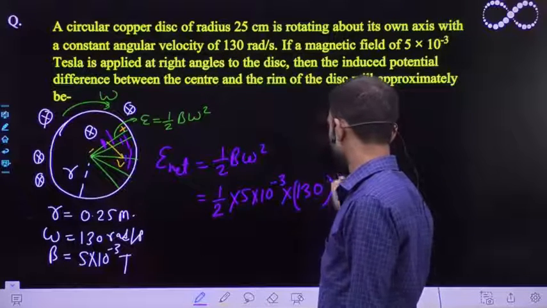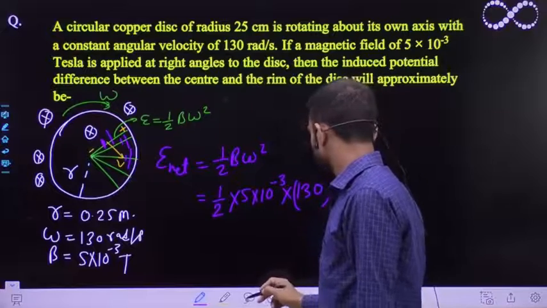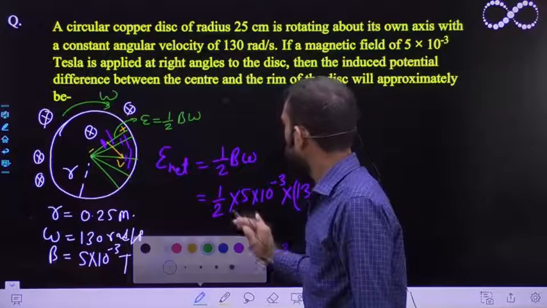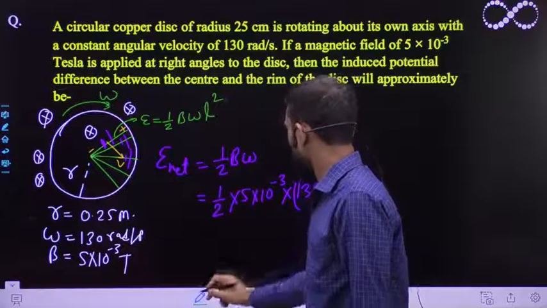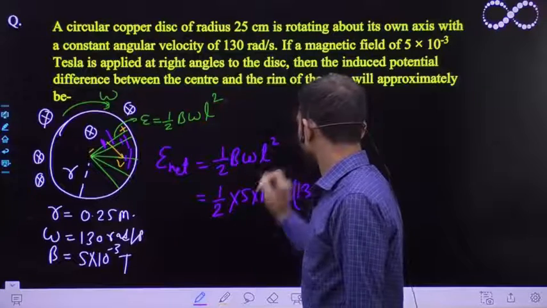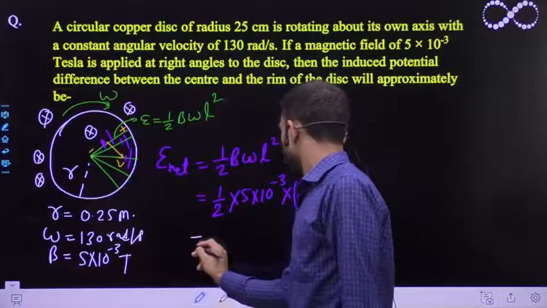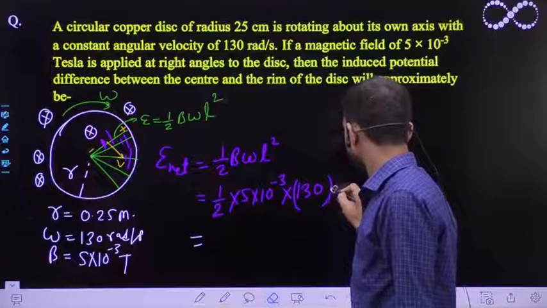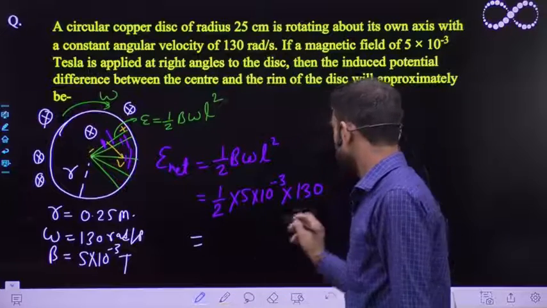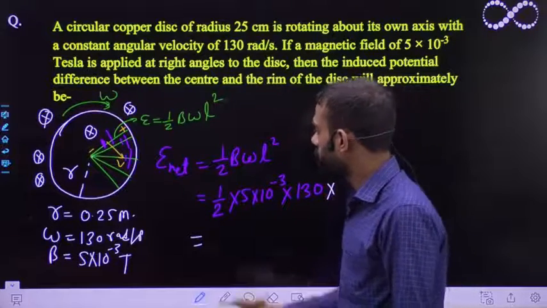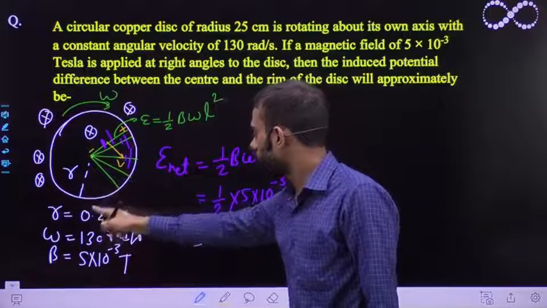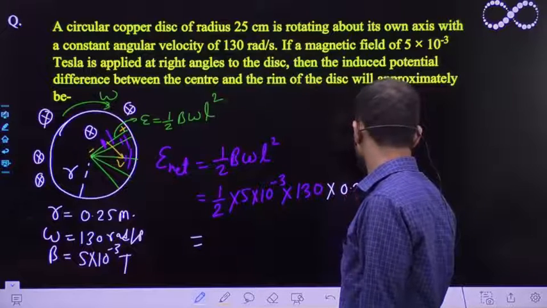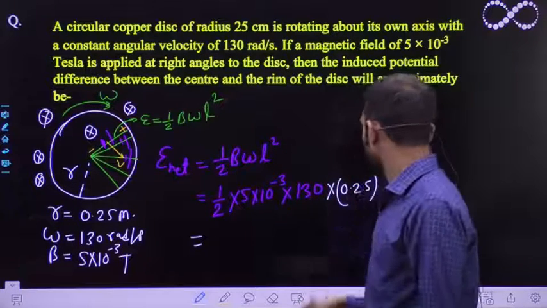Sorry, my mistake, it is 1 by 2 B omega L square, not omega square. So the value of L: the length of the rod is equal to the radius of the disc, that is 0.25. So 0.25 squared. All I need to do is this.